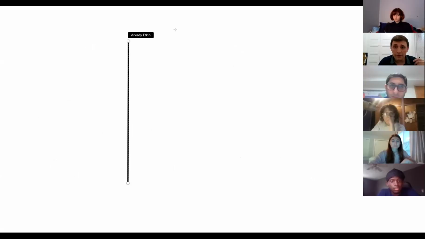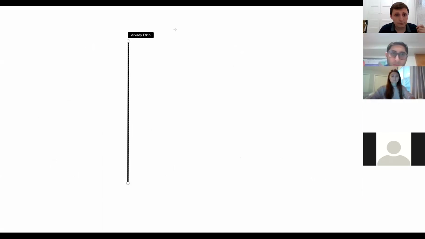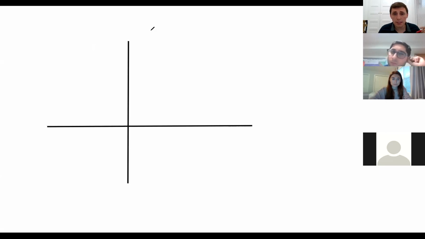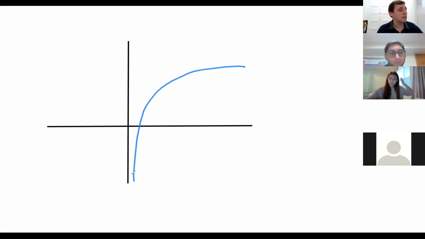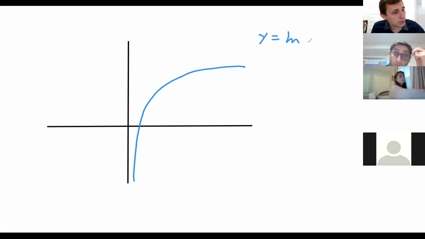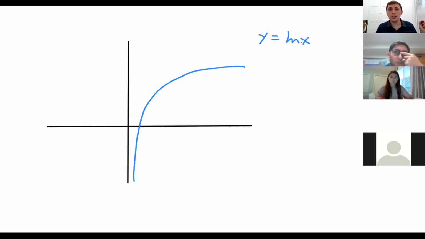I'm noticing an interesting pattern here. It doesn't matter what the actual shape of the curve is, trust me, it doesn't matter at all. I know the shape, but here is my function. Yes, this is the function y equal to ln x, the function I'm trying to differentiate.